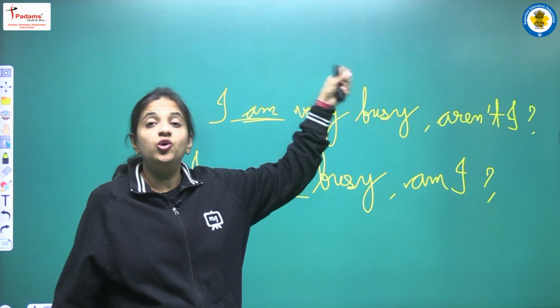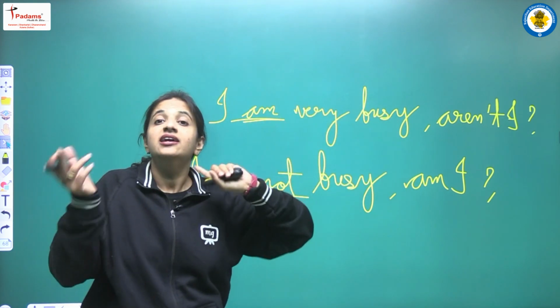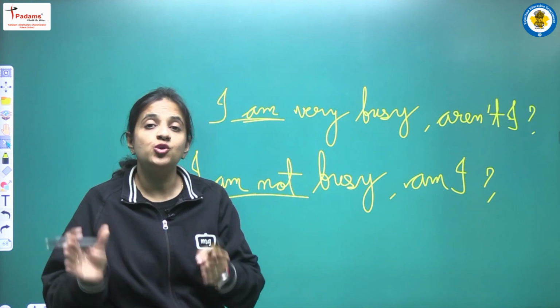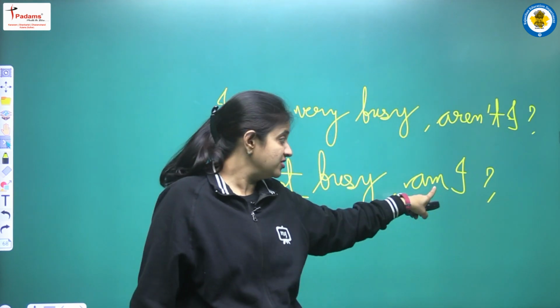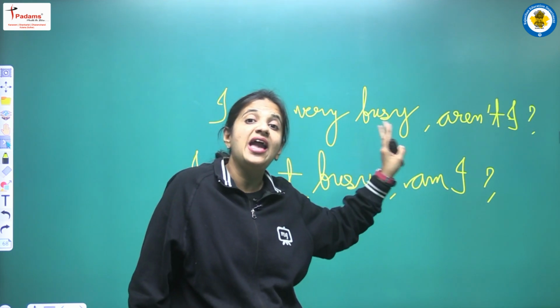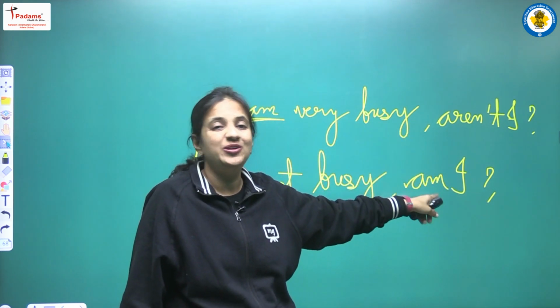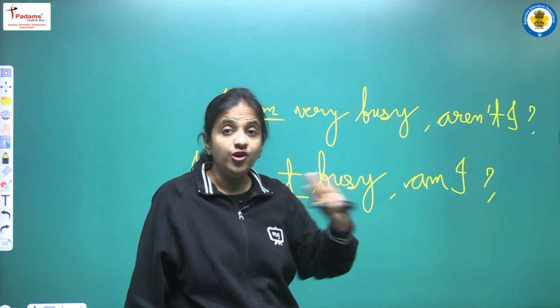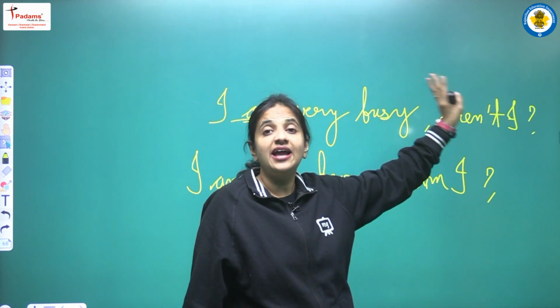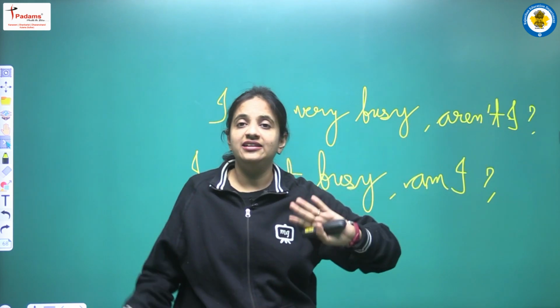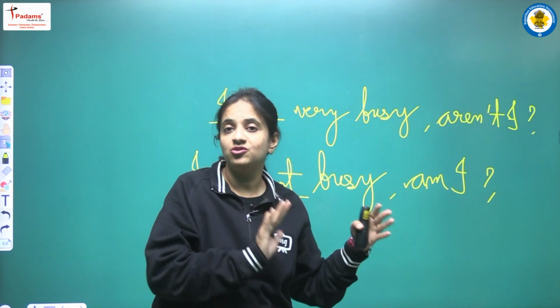This rule applies only when we are making the negative question tag of am. So am plus not will be aren't. But if we are making a positive question tag, then it will be am only. We won't replace am with are. We replace only when we are making the negative question tag, when we are writing the short form of am plus not.